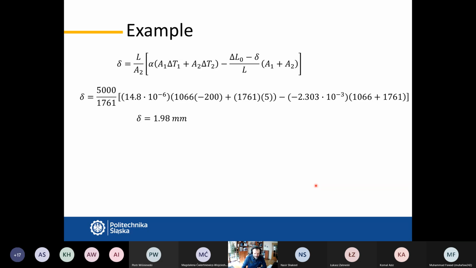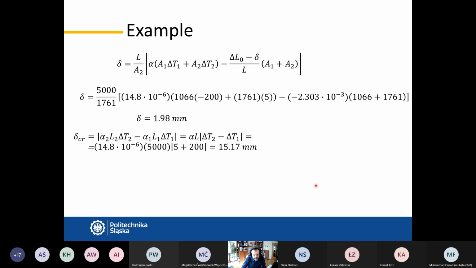So if it is 2 millimeters, we'll have stress on the level of 130 megapascal. If the gap is bigger, the stress would be lower. Sorry. Here we have also calculated the critical size. So what should be the gap so that the two pipes do not come into contact?